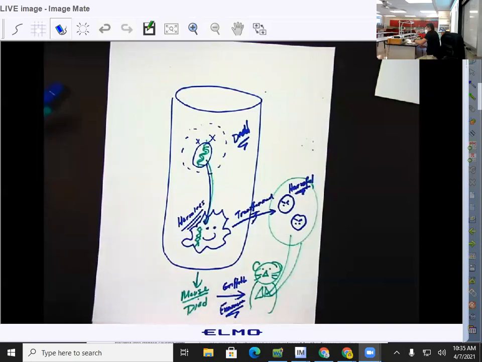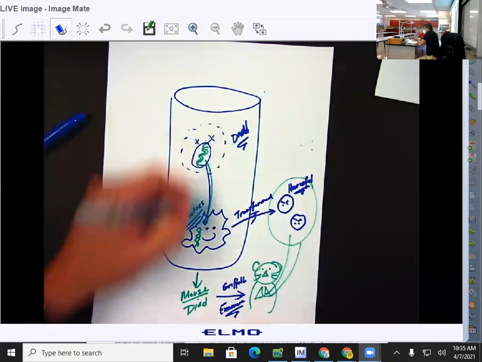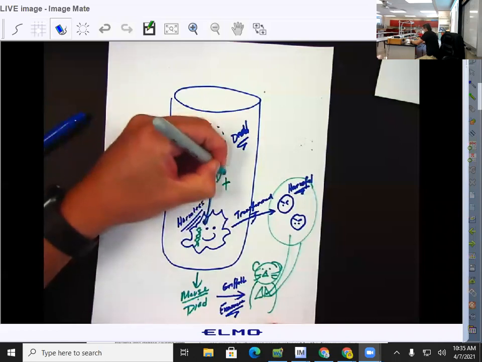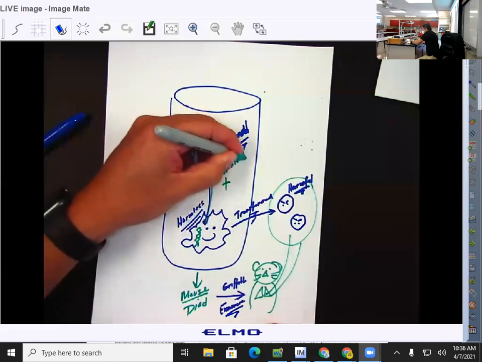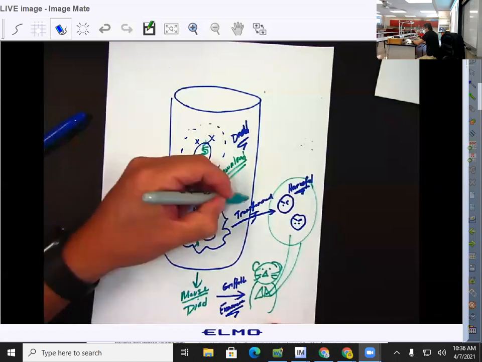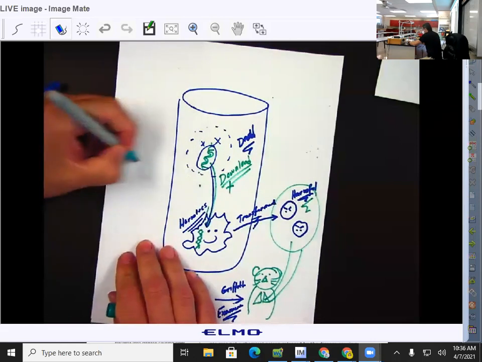Basically what this harmless bacteria did is, when it got mixed in the juice, it basically downloaded the DNA from the harmful bacteria, which transformed them into harmful bacteria. Does that make sense? That's why I talk about DNA.